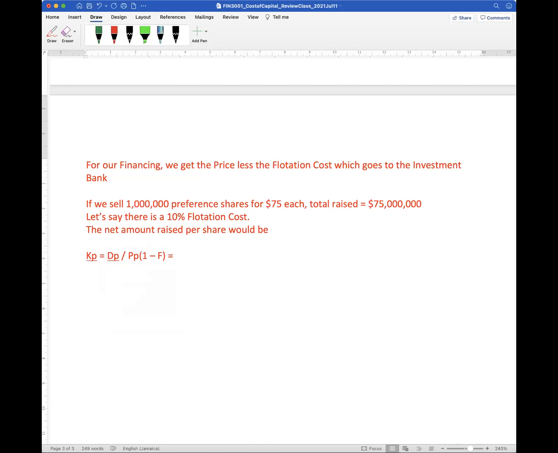So 10% flotation cost. What that means is, for every share you sell, 10% of the money goes to the investment banker. So how much money is going to go to the investment banker?